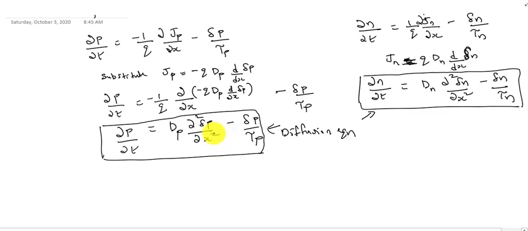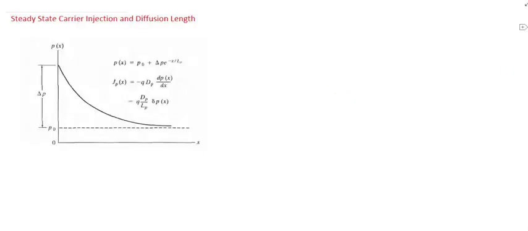So next we will discuss the steady state carrier injection and diffusion length, the concept of diffusion length, or what is meant by diffusion length in semiconductors.